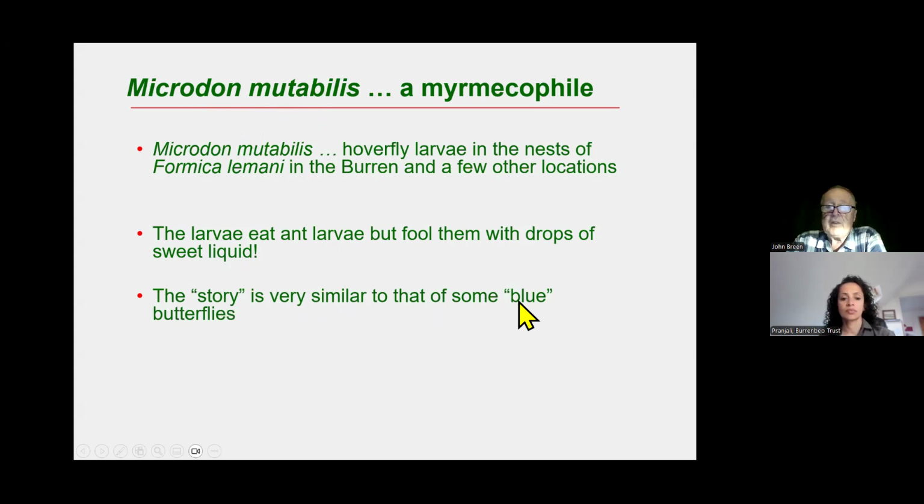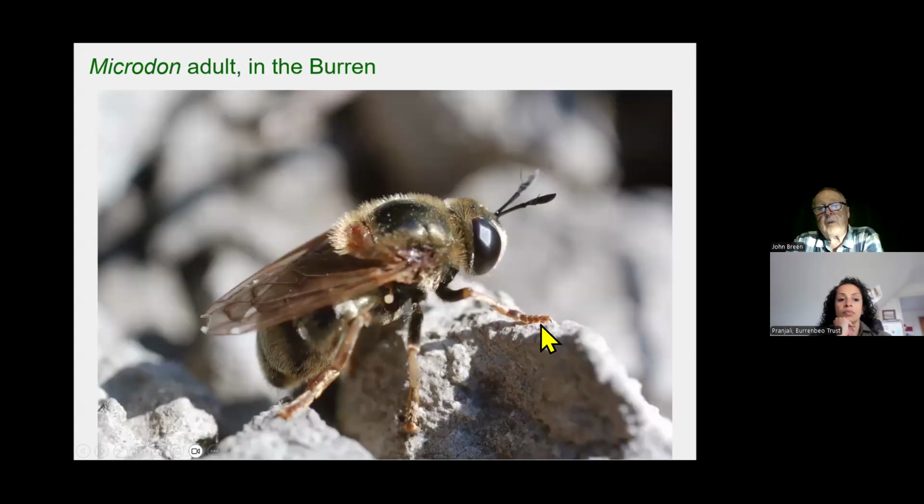So it's similar to the story of the blue butterflies, where the caterpillars go into the nests of the ants. And this is what the adult looks like. And they fly around the first week of June for a couple of weeks. And they have a very distinctive whine. And if you find Formica lemani nests, you will find these in the Burren.